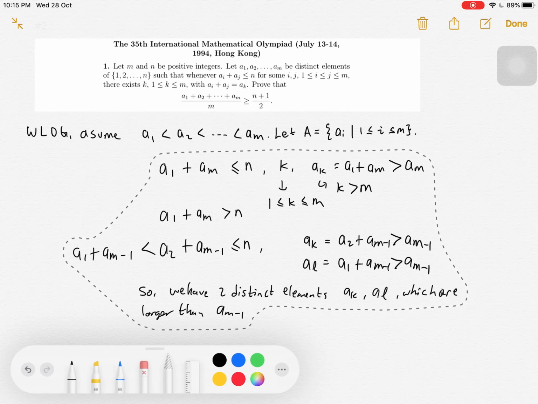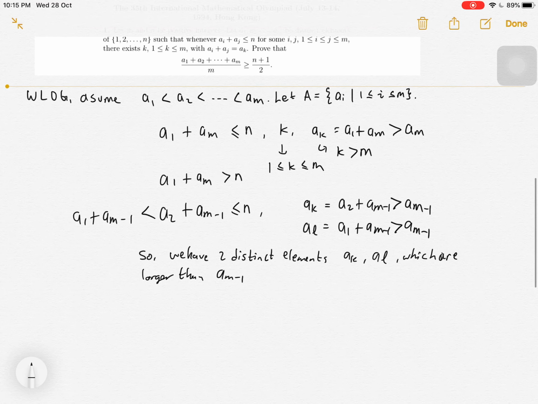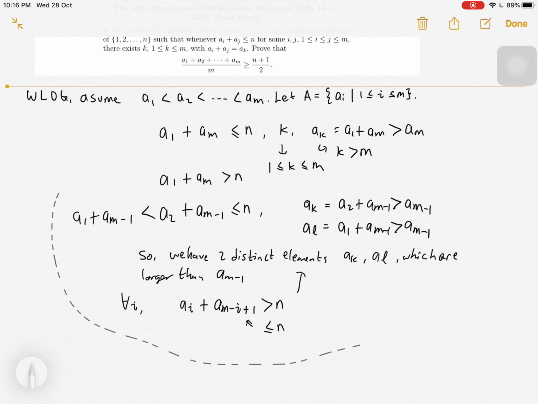By the way, from this observation, maybe we can guess that for every i, we have ai plus am minus i plus 1 is greater than n. And how do we prove it? We just assume that this is less than or equal to n and use the same or a similar argument. So let us try.